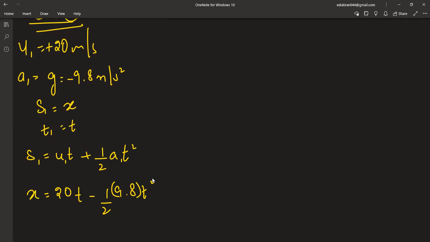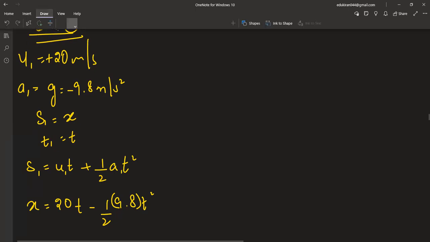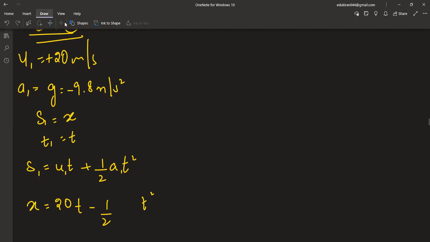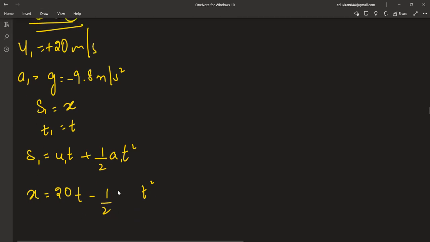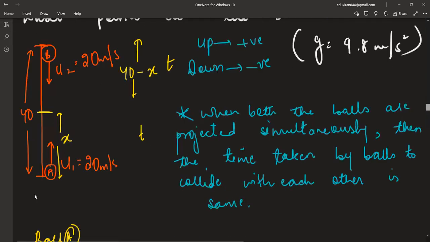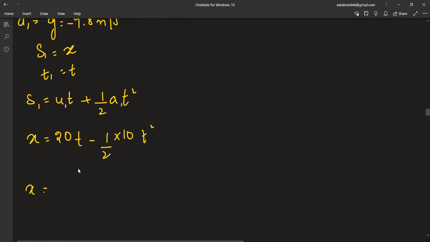Though in the question this is given as 9.8, it will take a lot of time if we discuss it like this here. Let me take it as 10. But in the exam, use 9.8, because in the question it has said to take 9.8. Otherwise, it will take a lot of time. So X equals 20t minus 5t square. This is one equation from ball 1.